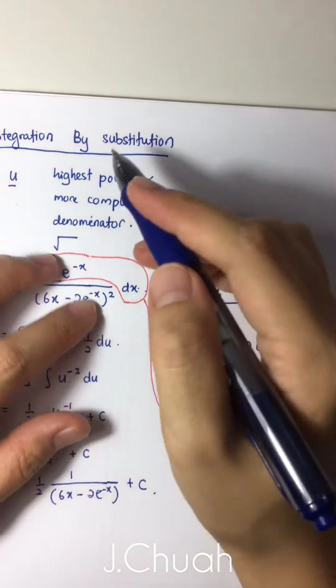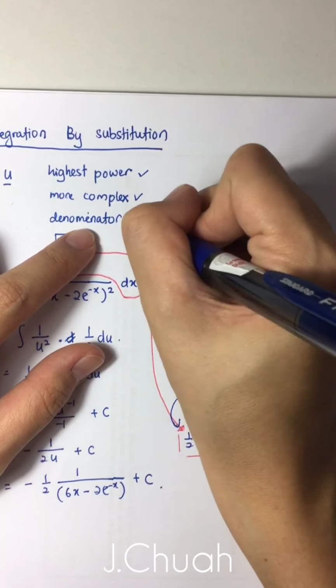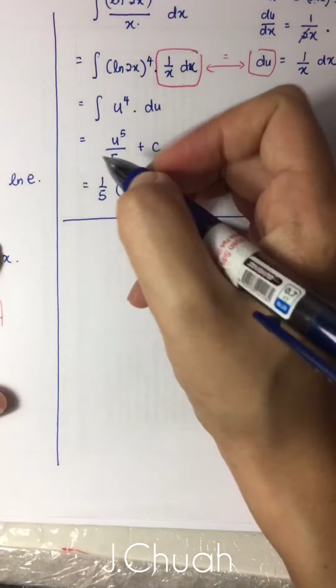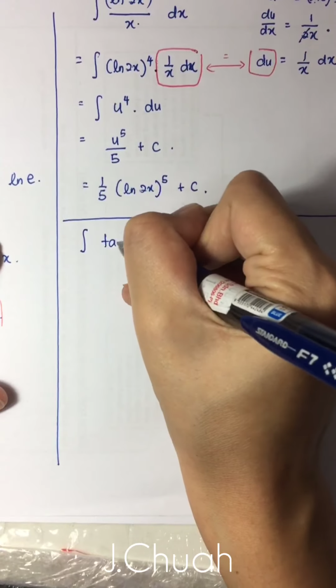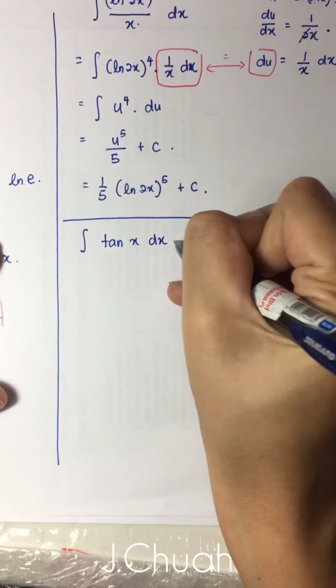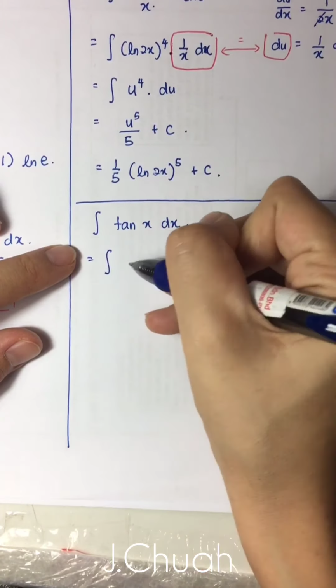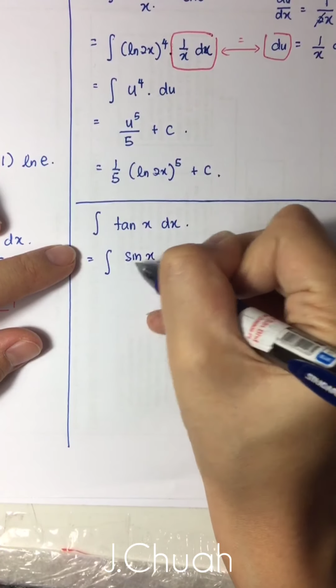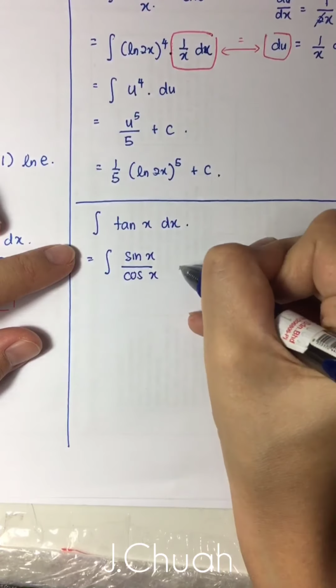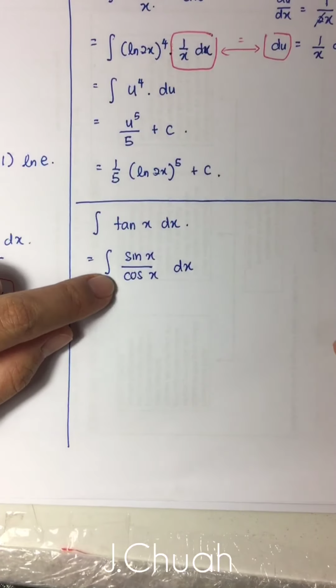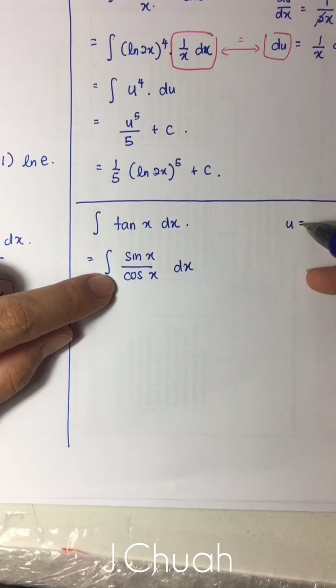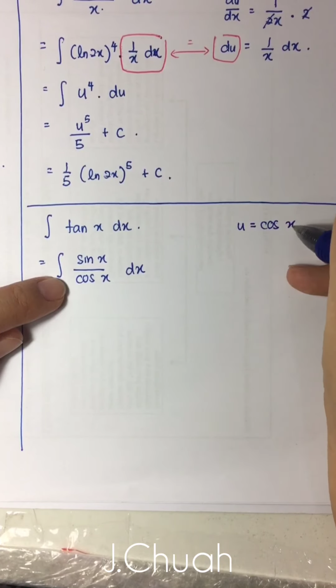For the next one, we will do the denominator. So let's say we have the integral of tangent x dx, and you will ask, where is the denominator? So what is tangent x? Sine x over cos x dx. So the denominator will be cos x, which is u equals cos x.